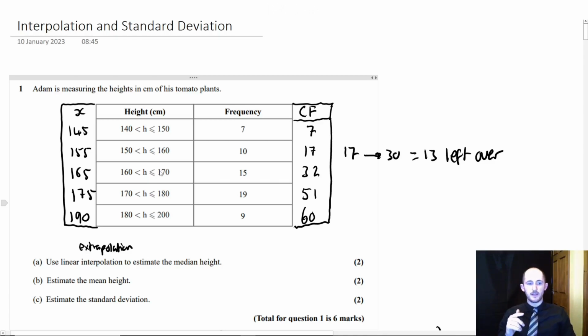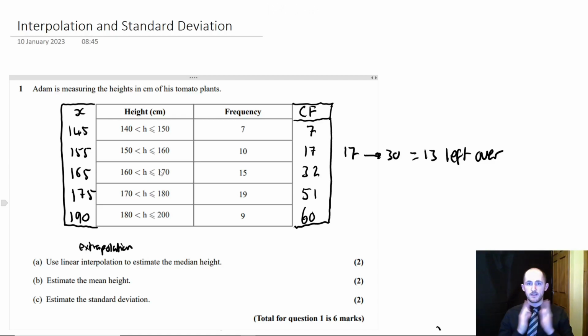This is an important thing you need to know, okay? Because you use spread and you use average in order to compare data sets. So you need to know what things are measures of spread. So you have the range, which we don't use anymore in A-level because it's babies. Interquartile range, which is used for box plots, and now we have standard deviation, which is another measure of spread.